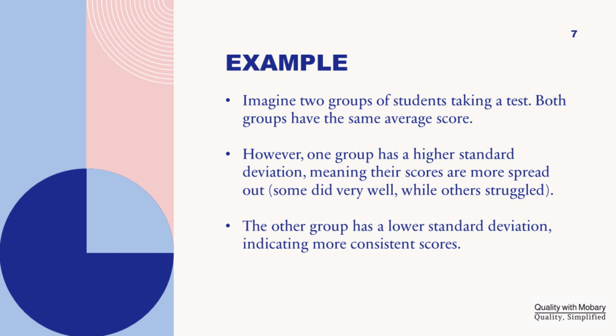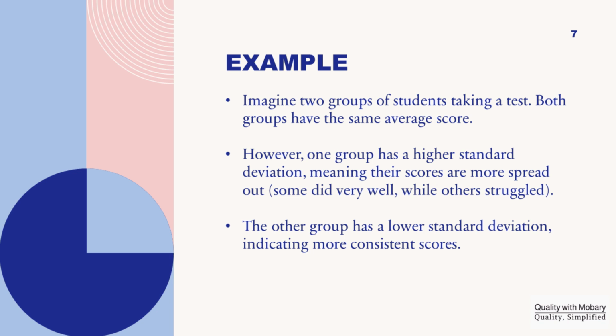Let's say some of them scored 100 out of 100 in a test, which is amazing. And some of them didn't really do well, and let's say they got 42 or 43 in a test, right? So this means that the standard deviation here is higher than the other group, because the other group has a low standard deviation, where they show more consistency in their scores, and the scores are not as dispersed or not as spread as the other.